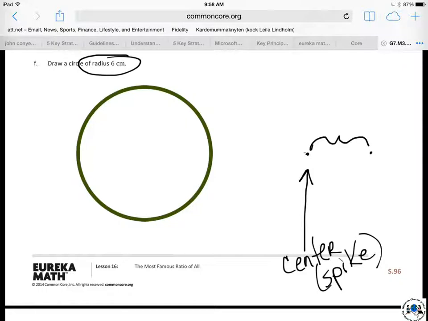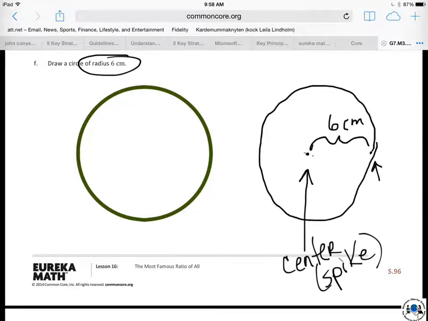So one of the better ways would be to take that spike point and make the little hole there. Go ahead and measure the 6 centimeters from it. Put down another dot, and then you put your spike in, and then the pencil down, and go ahead and draw your circle.